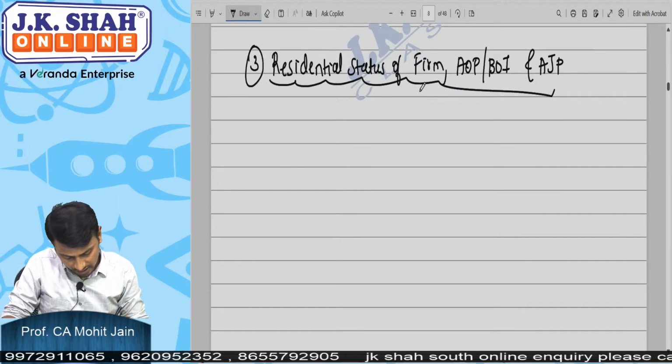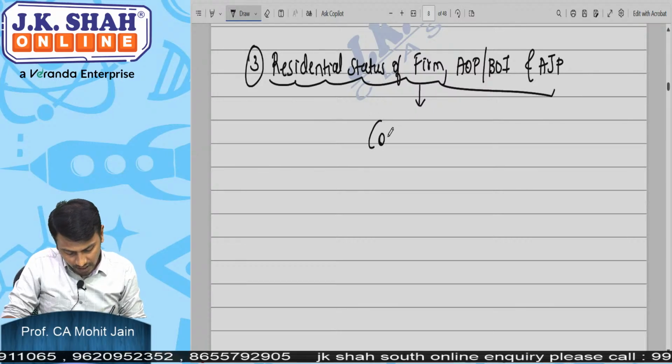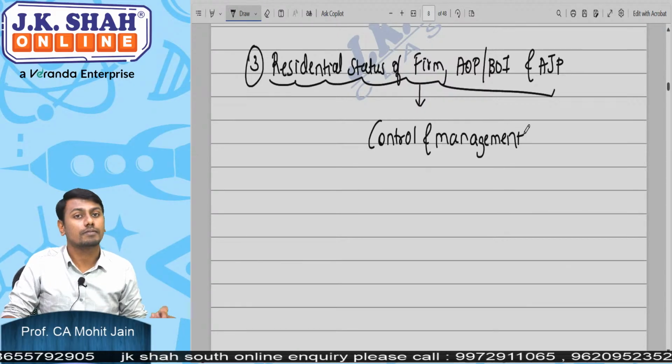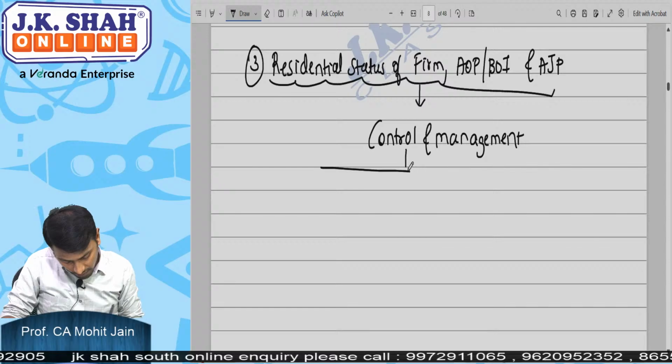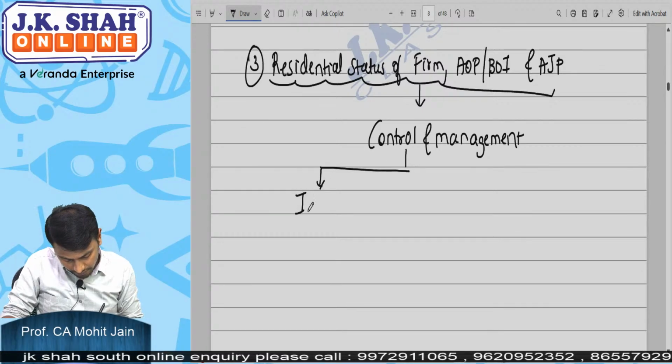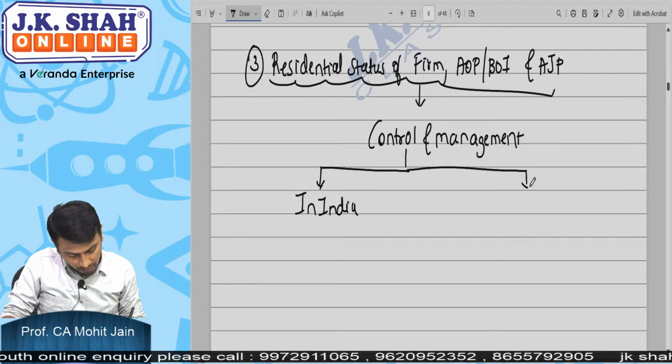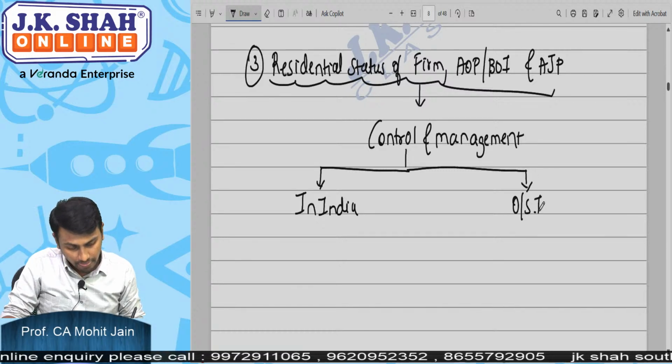Very easy. See here. Where is the control and management? If the control and management is in India, or is the control and management outside India?